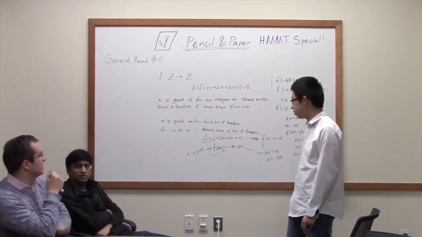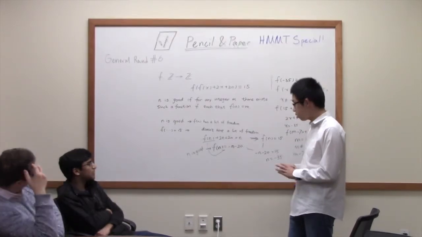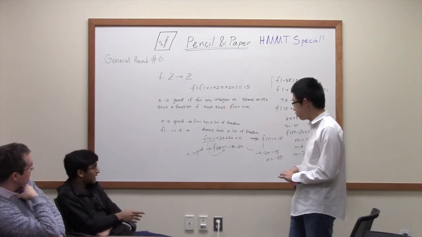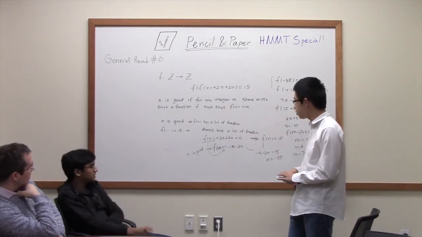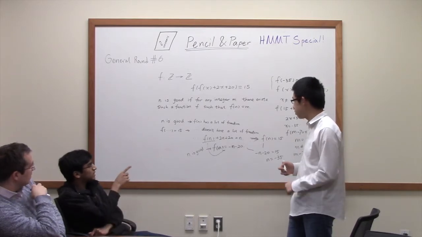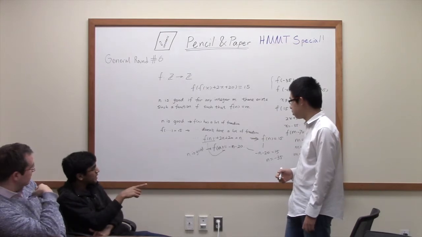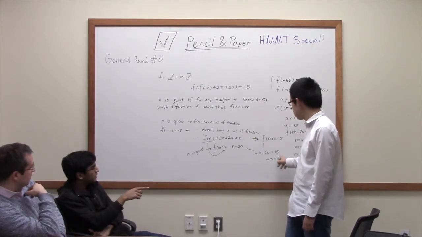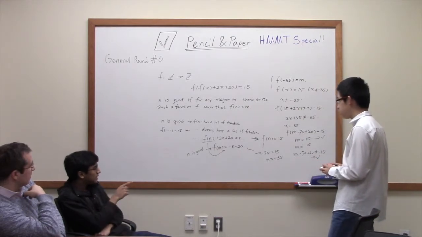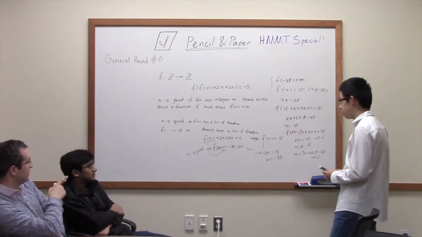So basically, your logic is if n is good, there must exist a function f such that f of n at that particular value is equal to negative n minus 20. Yes, and that's because of the good condition. And then from there we get f of n equals 15, which means that n is negative 35. Yes, so n has to be negative 35, and this is the only possible candidate.